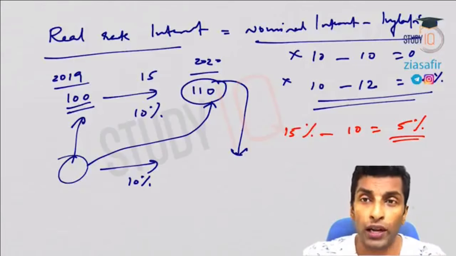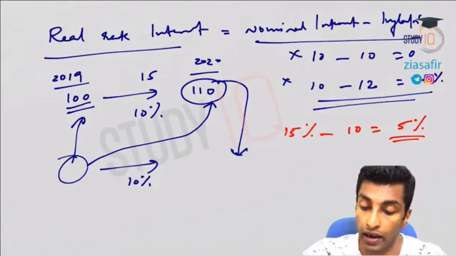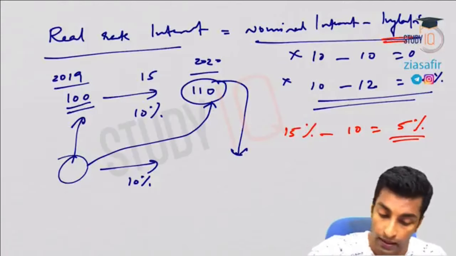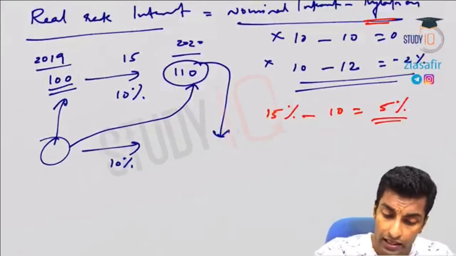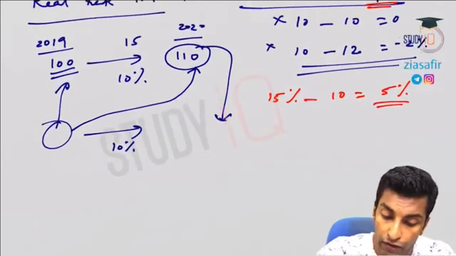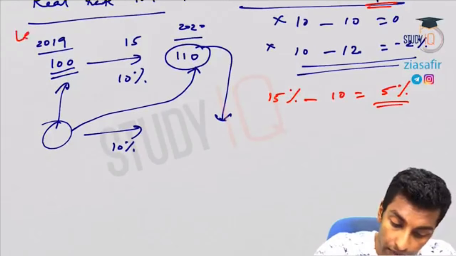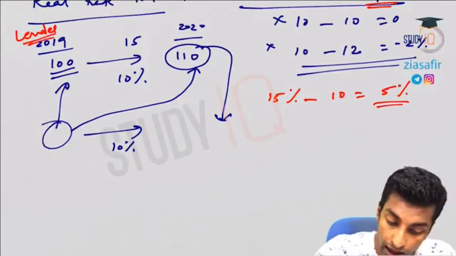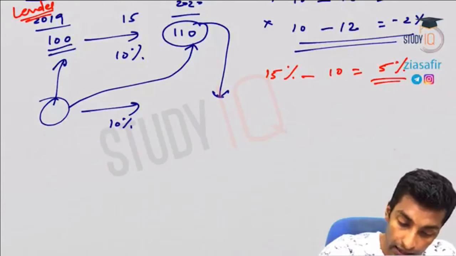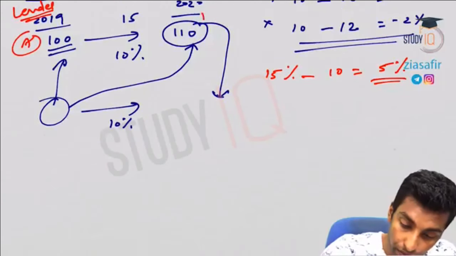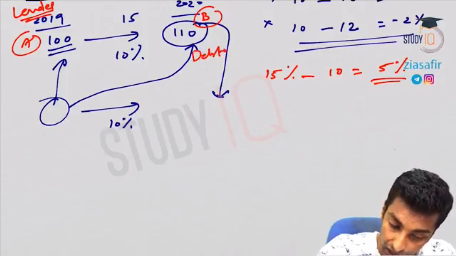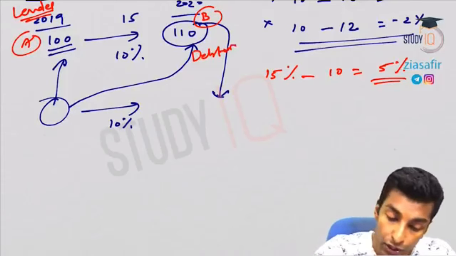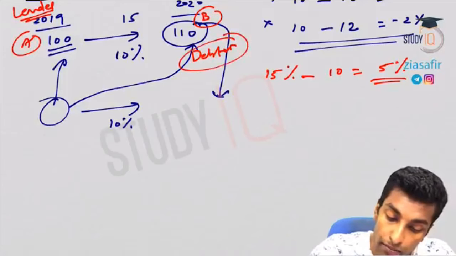So what I mean to tell you is real rate of interest is calculated upon inflation or adjusted with inflation. So you can see here, in case of inflation, who is benefiting? See, let's say A is the lender and B is the borrower or the debtor. So who will benefit here? Actually, the debtor will benefit.